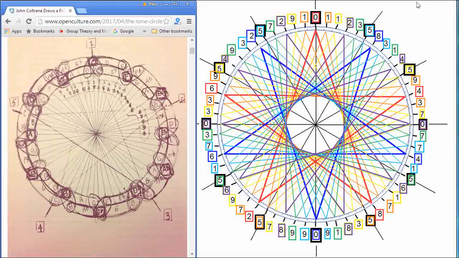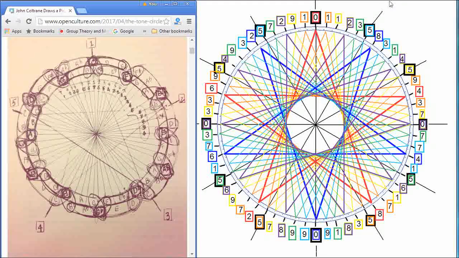And I have one main video about this particular sequence, and then I have a whole bunch of other videos on the relationship of Fibonacci numbers and Pisano numbers and prime numbers and how they create the zodiac. And Coltrane has discovered the musical scales and basic harmonies are also built into this.